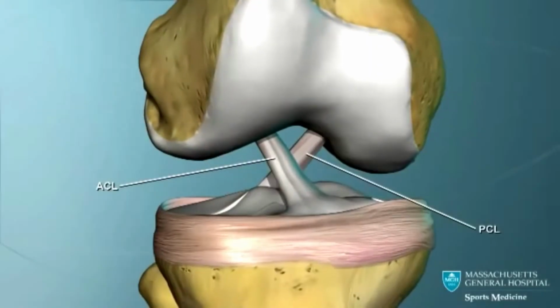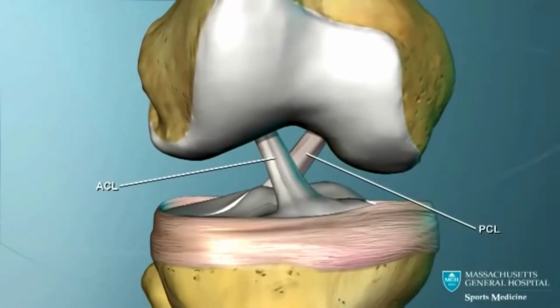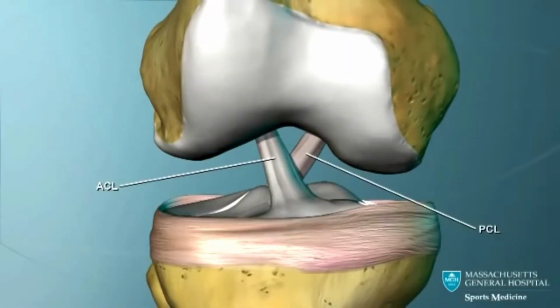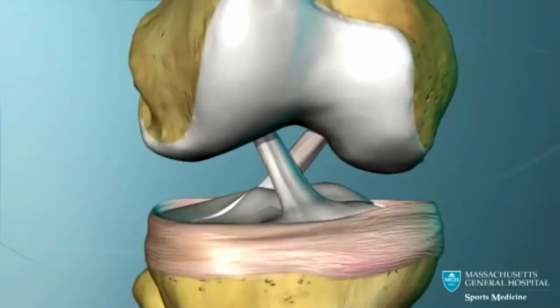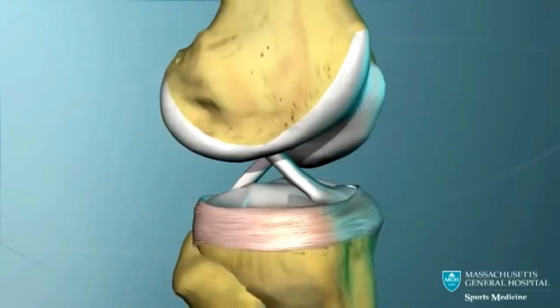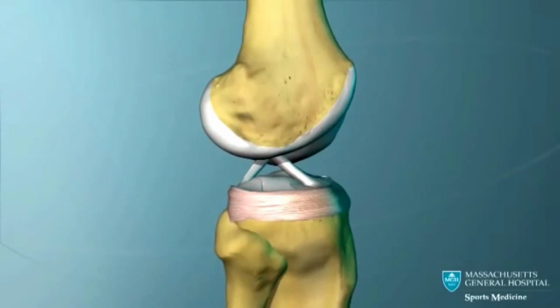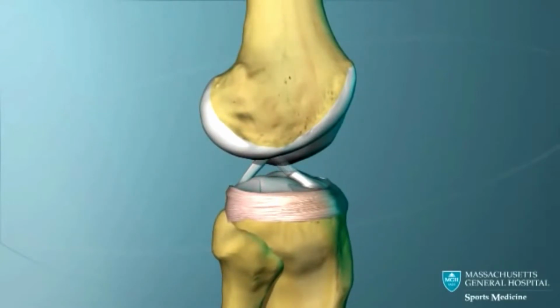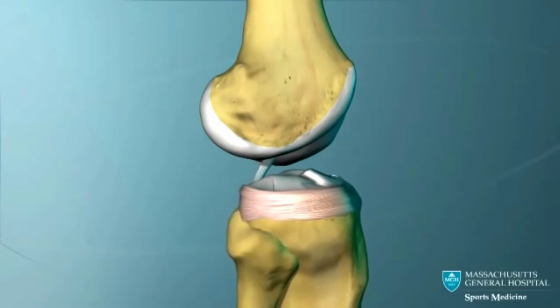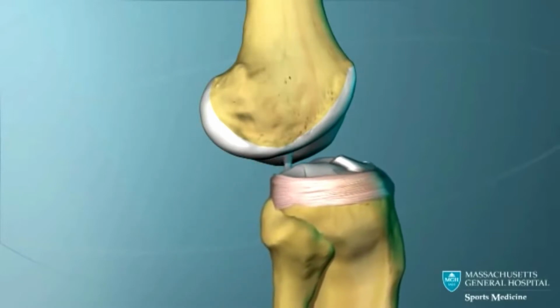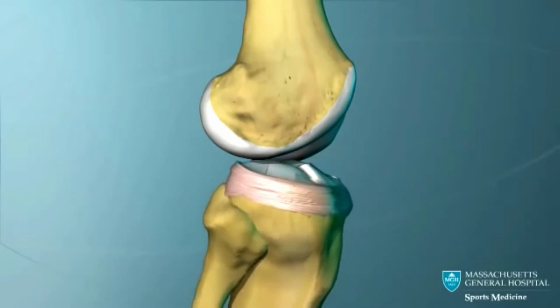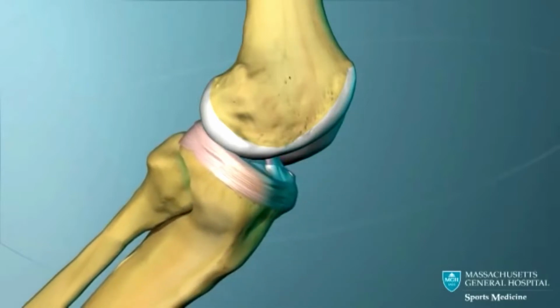So the ACL functions to resist tibial anterior translation relative to the femur. So what that means is when you stop and you plant your foot, if you didn't have that ACL, your shin bone will just slide forward or continue to slide forward.